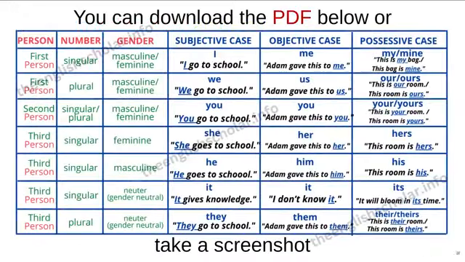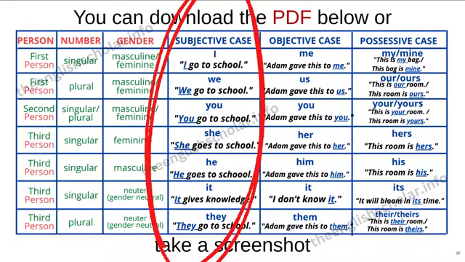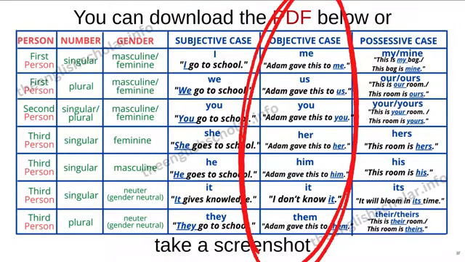Now look at this table. All of these are pronouns. Their use depends on their functions in a sentence. These pronouns are used if we replace a subject, the performer of the action word, or the manipulator of the sentence. These pronouns are used when we replace an object, the receiver of the action words, or the nouns being acted upon.